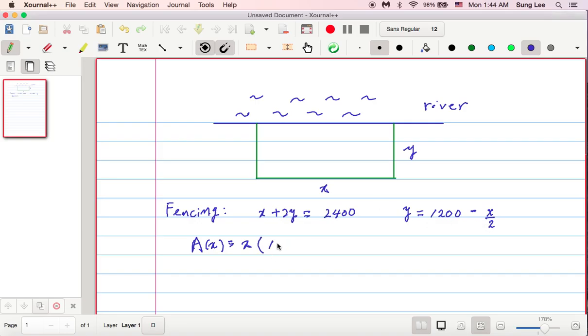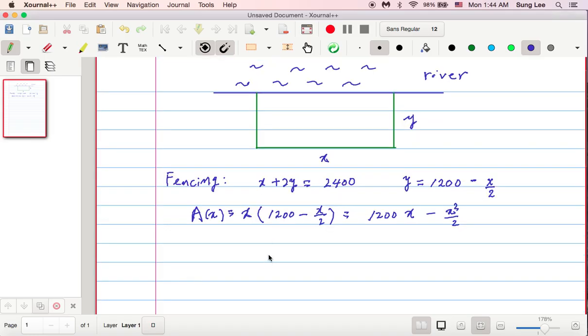But instead of y, I'm going to use this one here: x times 1200 minus x over 2, which equals 1200x minus x squared over 2. All right, so we are maximizing.